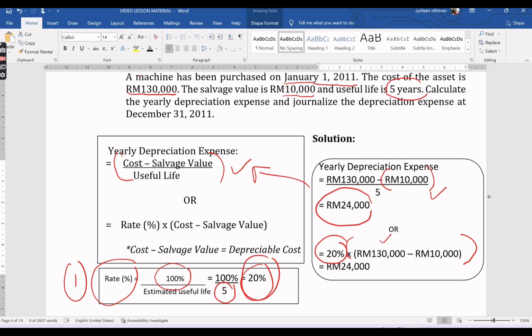You need to deduct the salvage value first. It's a must, every time for straight line only. We must deduct the salvage value or residual value first, and then when you multiply by 20%, you still get the same amount, which is 24,000. So every year the depreciation expense is 24,000, and this amount will be accumulated for 5 years.